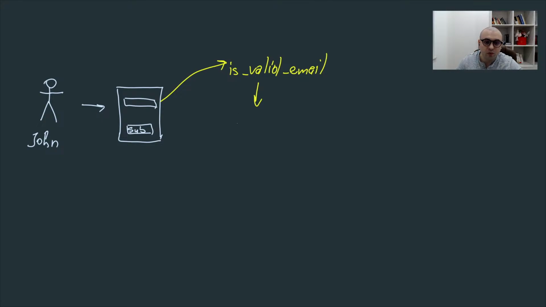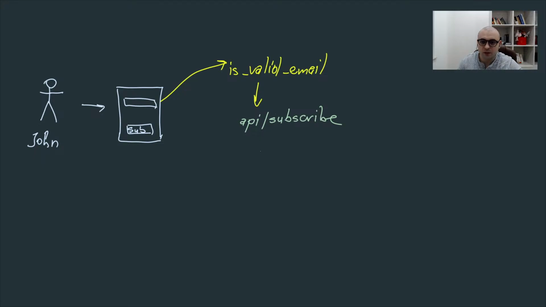So we'll need to provide an API. Let me use another color. We'll have an API, we can call it subscribe maybe. Yeah, subscribe. And at the end of the day, this API will need to send an email to John.